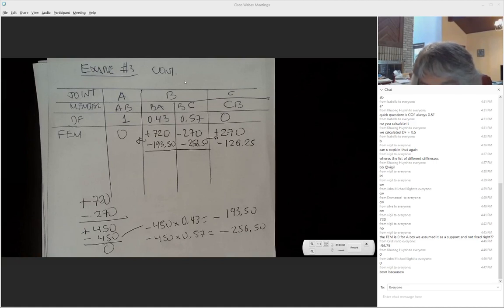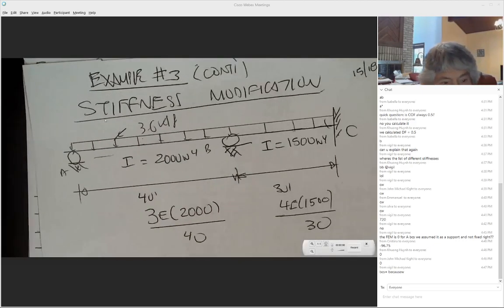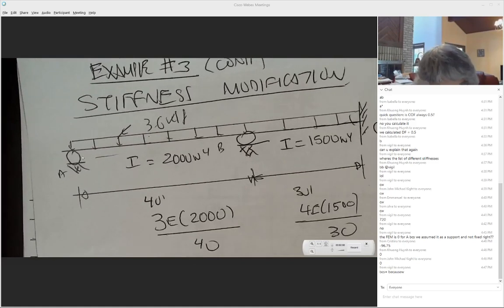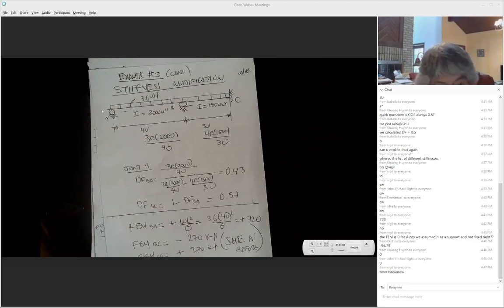Look, we're not assuming anything. We know there's no moment here. So we're looking at the real structure. Right now, we consider that its moment is going to be 0. So from the beginning, we are recognizing this is 0.